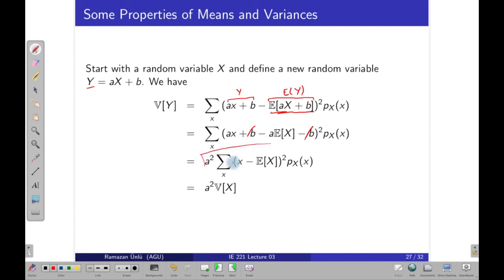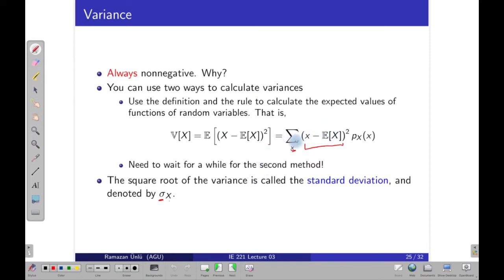Let me do it smoothly. Okay, so I will get this part. Let me check this one. What is this part? Actually, this part is x minus expected value of x, squared, times PMF of x.